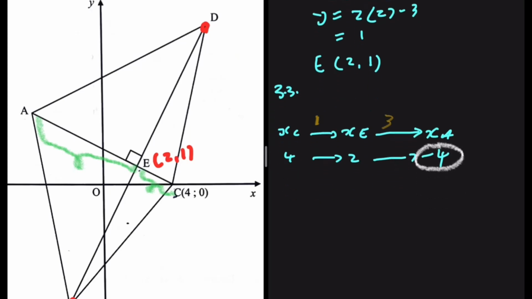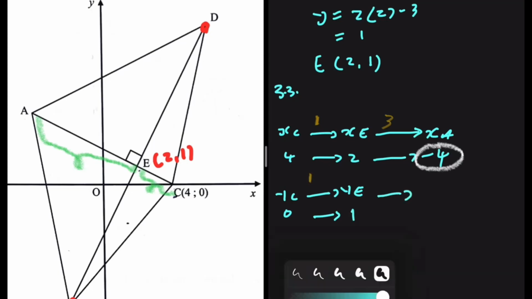And then now let's do the same for the y values. The y value of C is 0. What is the y value of E? The y value of E is 1. And our ratio is still 1:3. Now we're looking for the y value at A. From y of C to y of E, we moved 1 unit upwards.